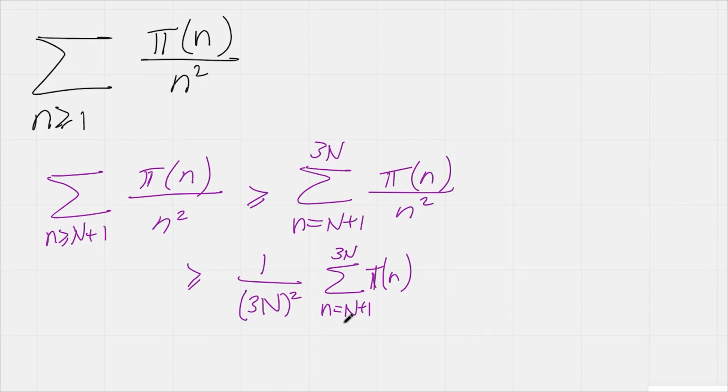Well, again, we're going to bound it below. And how can we do that? Well, we know that π is a bijection from the natural numbers to the natural numbers. So in particular, there are 2N terms in this summation, and they're all different positive integers.